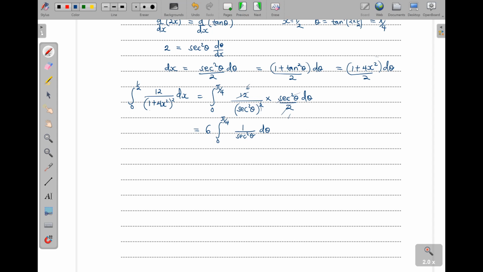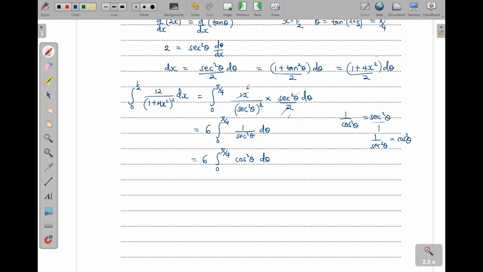If 1 over cosine squared of theta is equal to sec squared theta, that means 1 over sec squared theta, when you do the reciprocal of this one, it is the one that will give us cos squared theta. That means we shall have 6, the integral from 0 to pi over 4, cos squared theta d theta.